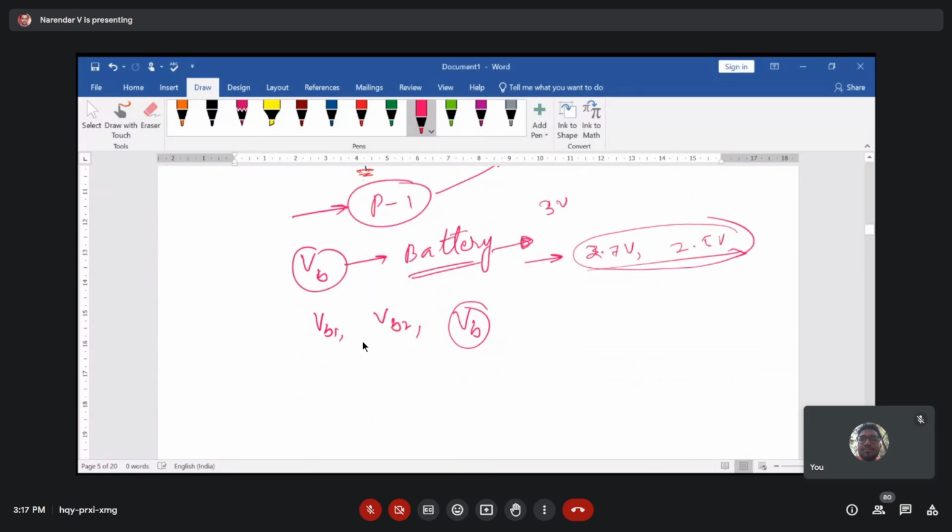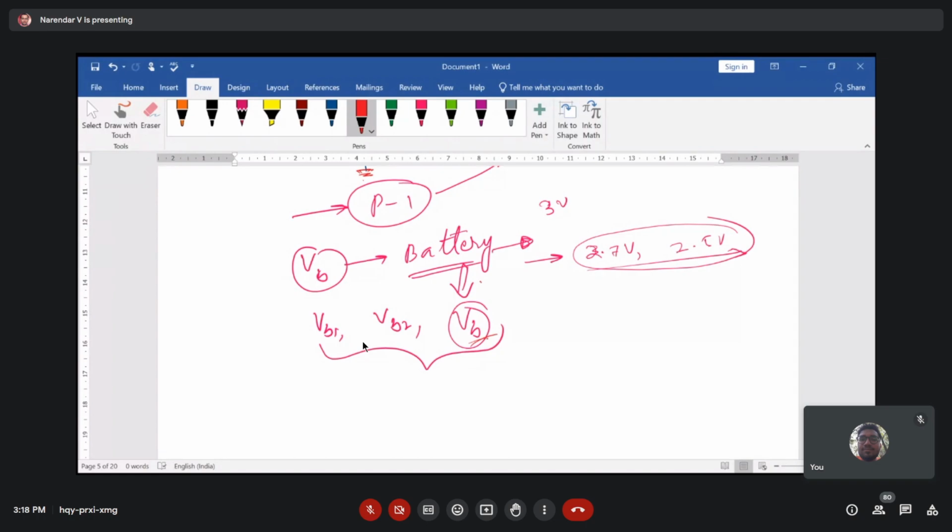So for hundreds of VBs, will you use hundreds of batteries? We are not going to use hundreds of batteries. We use a single battery, which is much higher in voltage level, and then we use a potential divider or voltage divider circuit, and provide VB1, VB2 as required. So what we are trying to do here is take a single battery and use a potential divider circuit as per your current source bias voltage requirement.